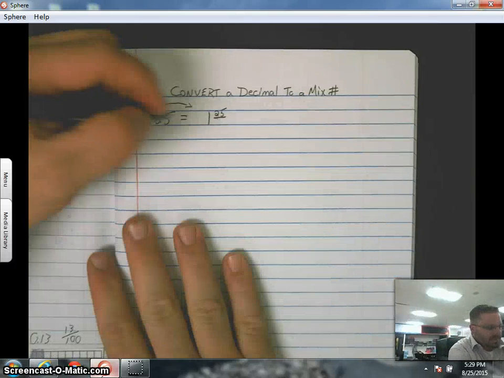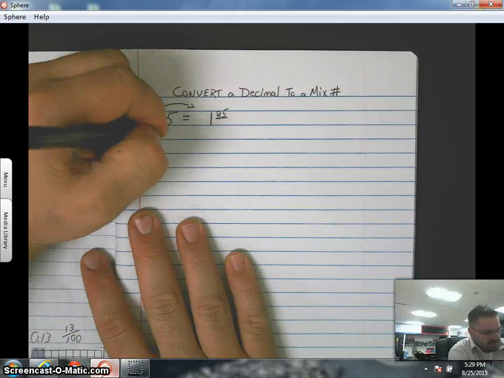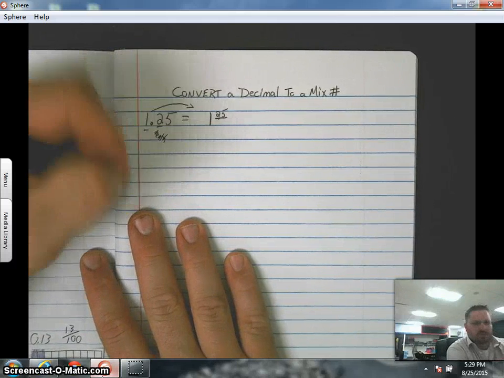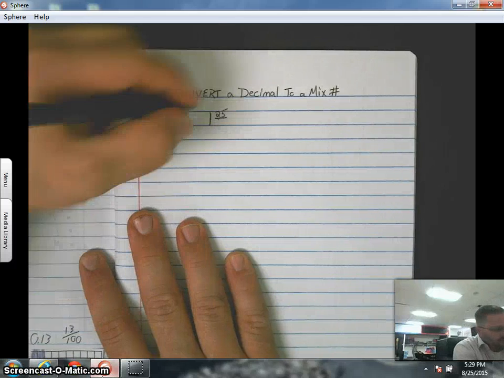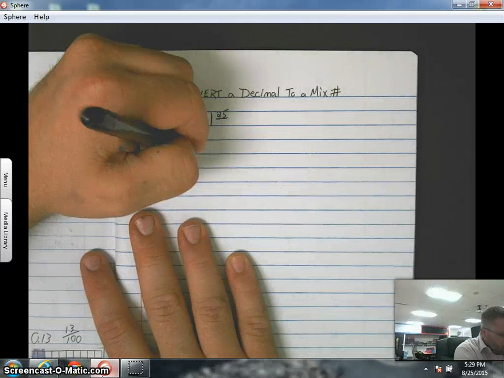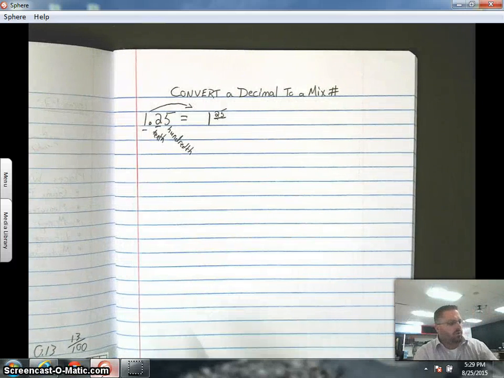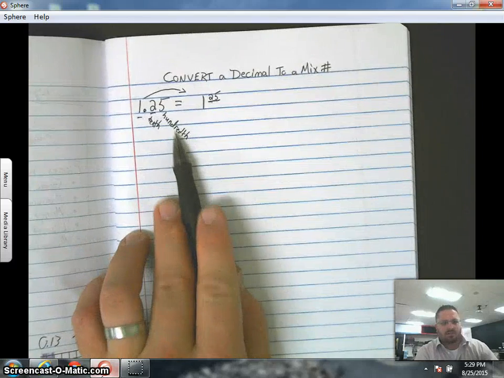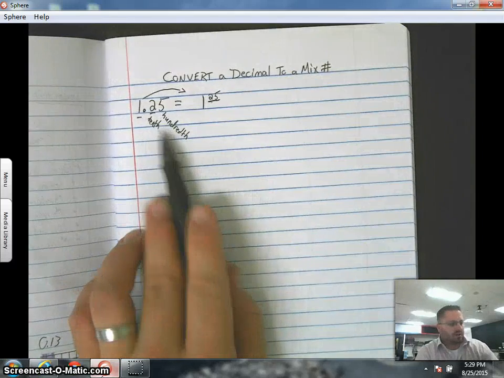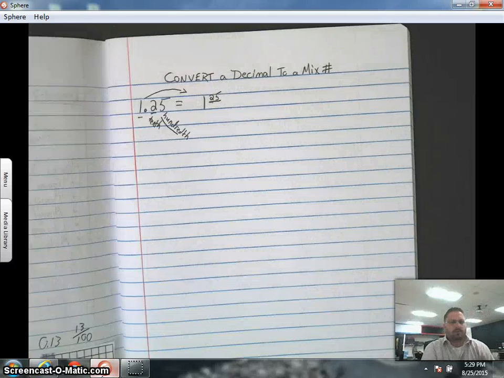Now I have to know what my denominator is. So when I go back to my decimal, I look at the place value. The 2 is in the 10th position, and the 5 is in the 100th. And as we worked on yesterday, we always look at the last place value of the decimal. So when it says 100th, the huge hint is 100.